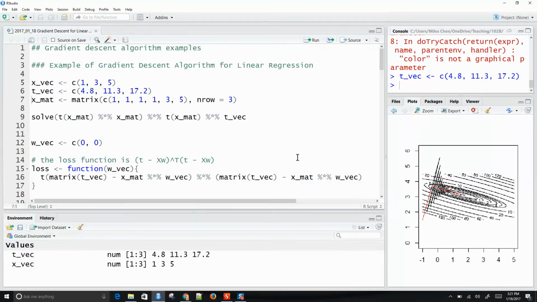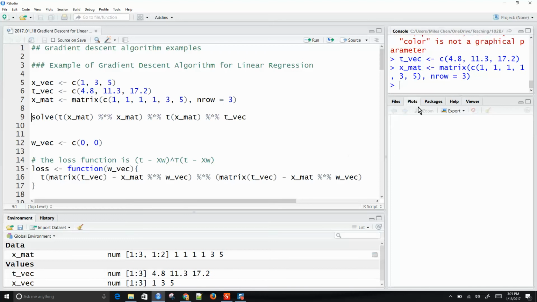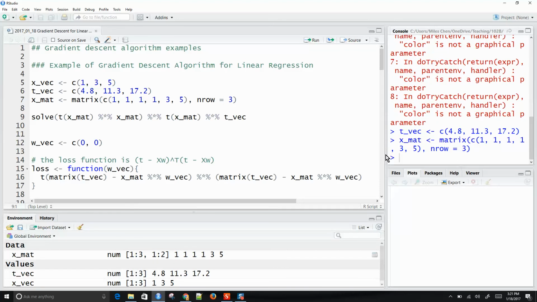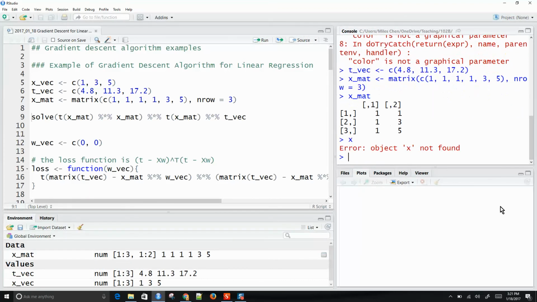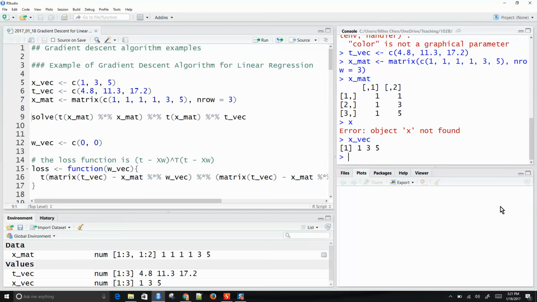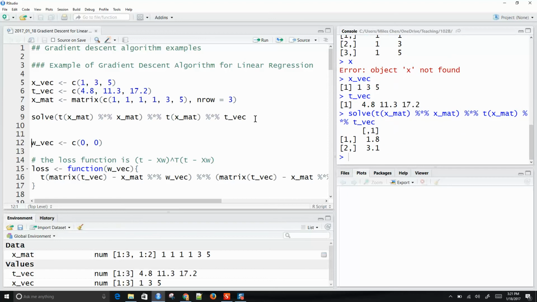Okay, and I'm going to create my x matrix here. So the x matrix looks like this. This is my x vector and my t vector. Okay, and so this is what we have. We can solve for our thing doing what? X transpose X inverse X transpose t, right? And this already gives us the answers that will give us the minimum of the intercept and slope.